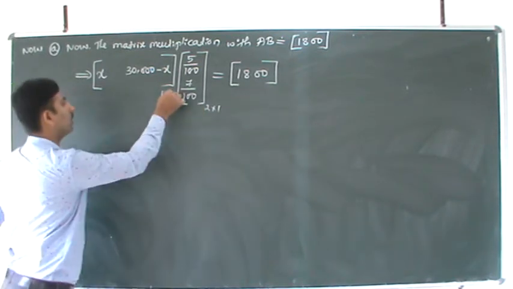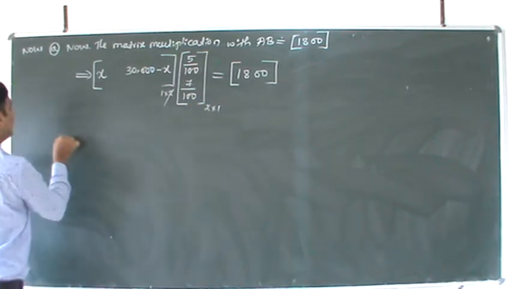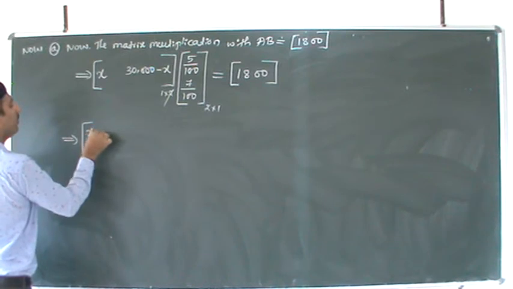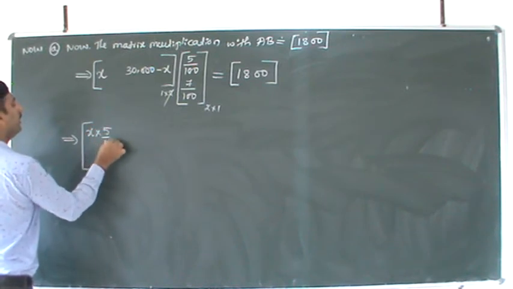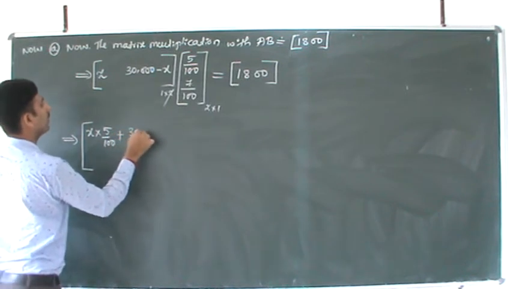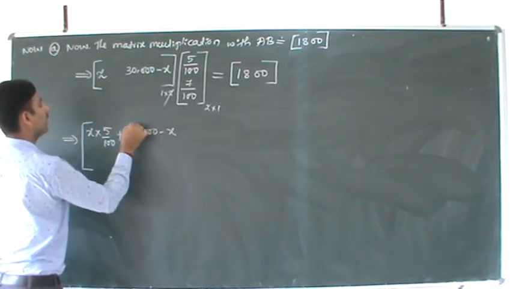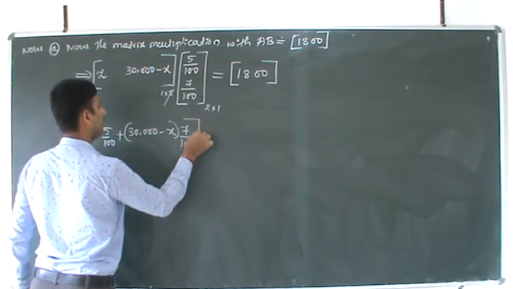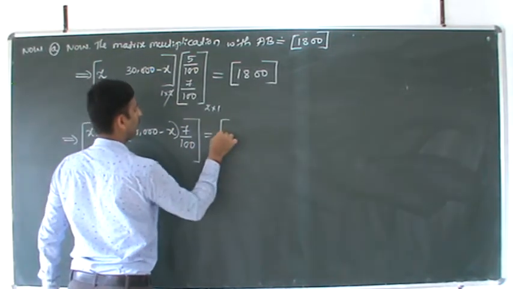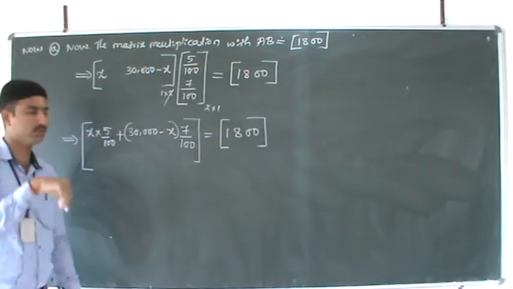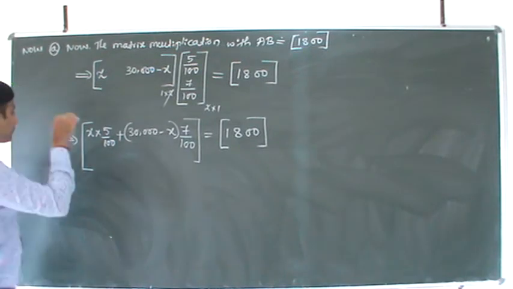Then the ultimate order should be 1 cross 1, which is nothing but X into 5 by 100 plus 30,000 minus X into 7 by 100, correct? Which is equal to 1800.